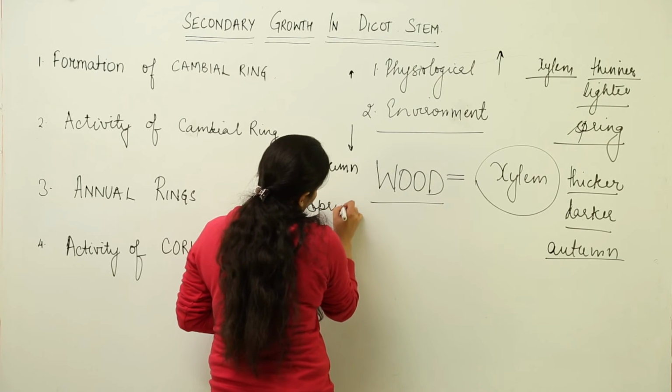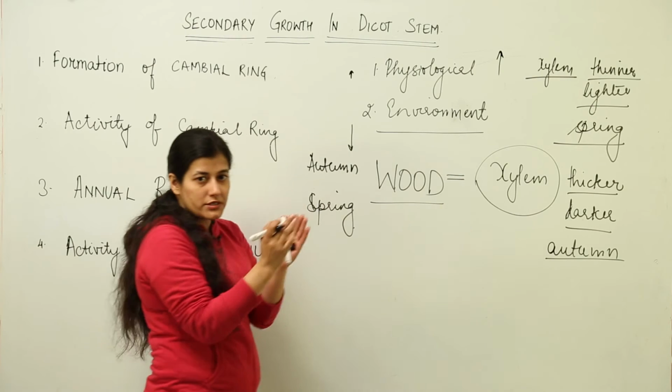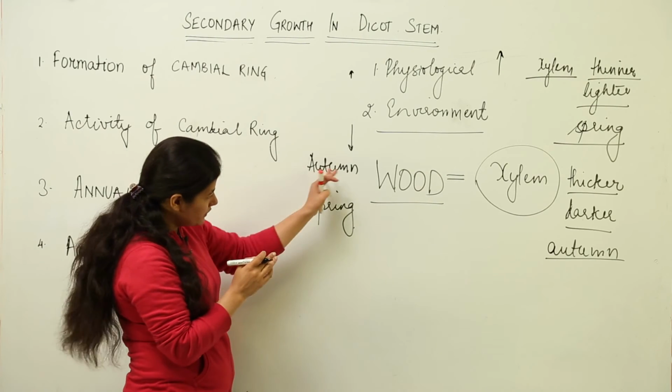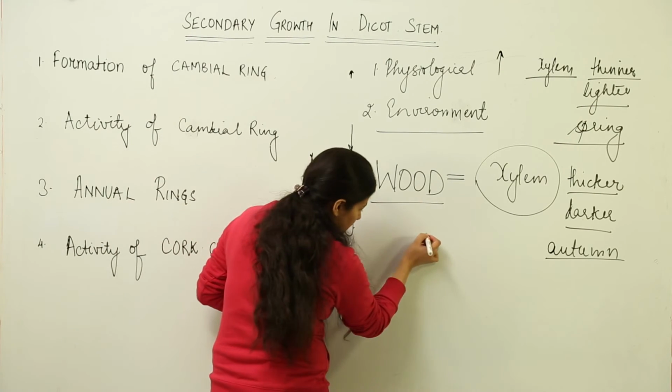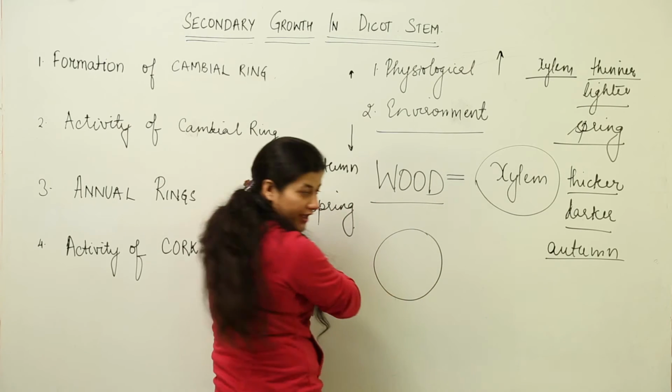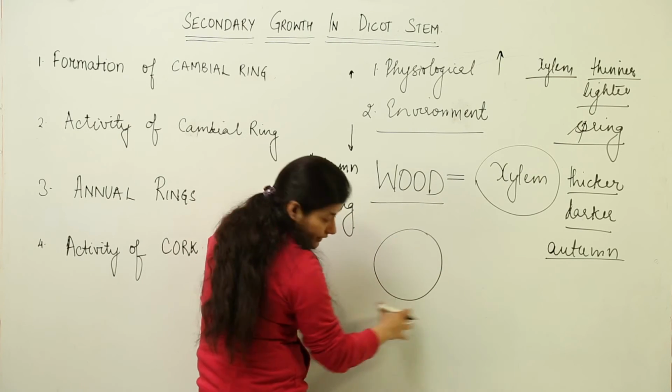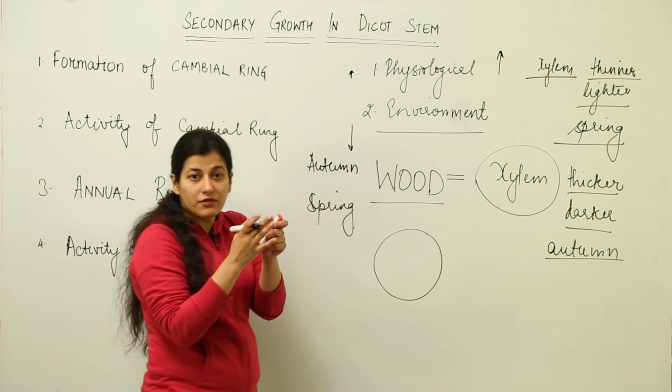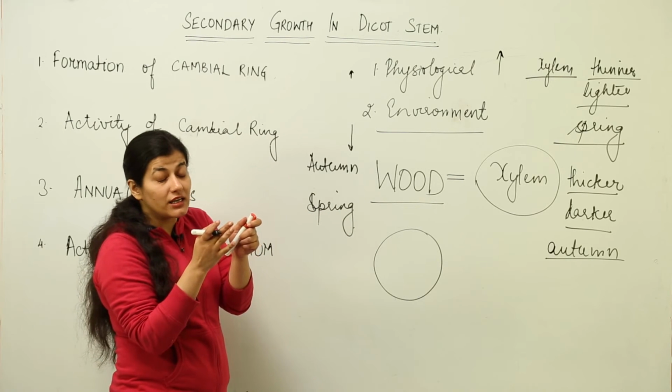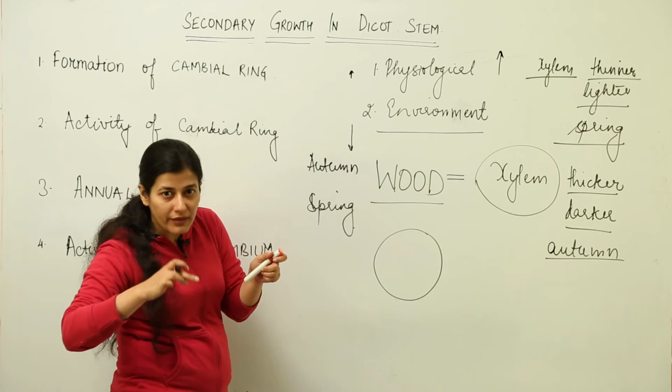Now because 1 year comprises of these two seasons, it is bound to happen that you are going to find a darker ring of xylem, because whatever formation is taking place, that is taking place by the activity of cambial ring.